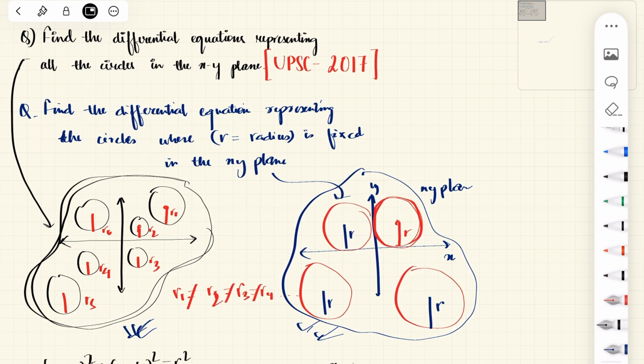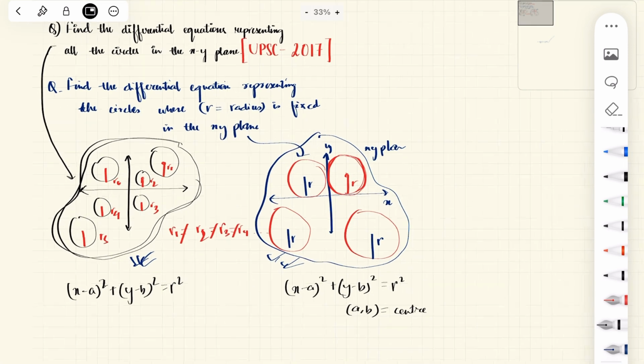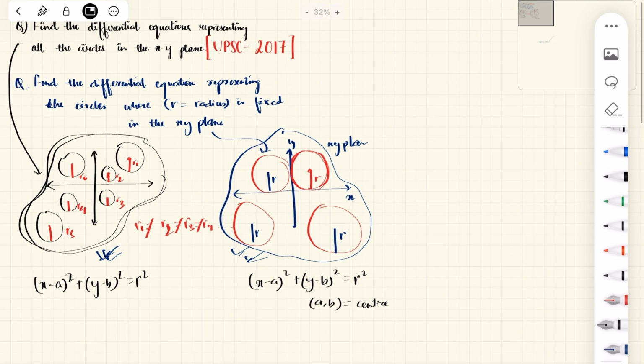Here also, (x minus a) whole square plus (y minus b) whole square equals r square, where (a, b) is the center and r is the radius.